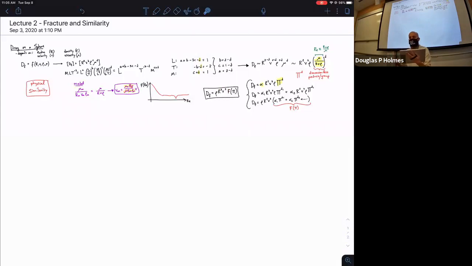The concept of physical similarity is really important, and the point I want to make is twofold. One is, if you end up with a scaling like this, you can set up a scale model where you say, okay, in my experimental setup, I'm going to set my dimensionless product. So if you look over here, it's mu, r, v, and rho. That's my dimensionless ratio. As long as I keep my dimensionless ratio the same, I can vary certain parameters in the problem that might be hard to vary experimentally.